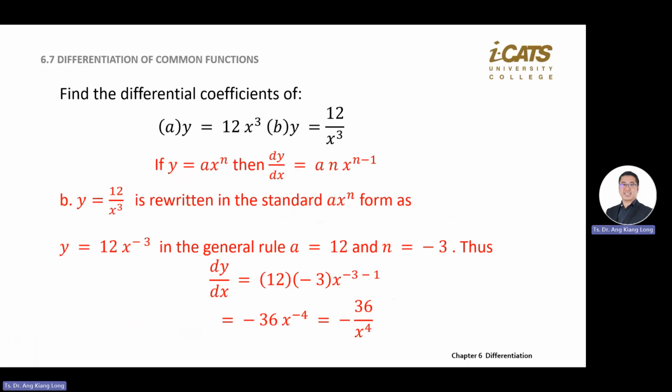This one is minus, so you carry the whole minus 3 to the front, and because it's differentiation, you take away 1, so minus 3 minus 1. At the end, you get minus 36x^(-4), or you can just stop at this form. If you understand this one, we apply the same for the rest.